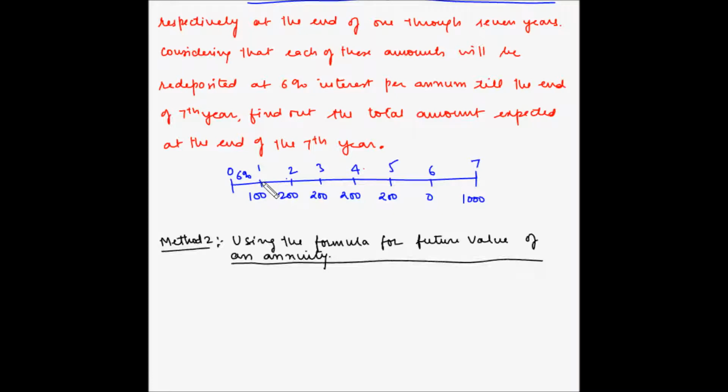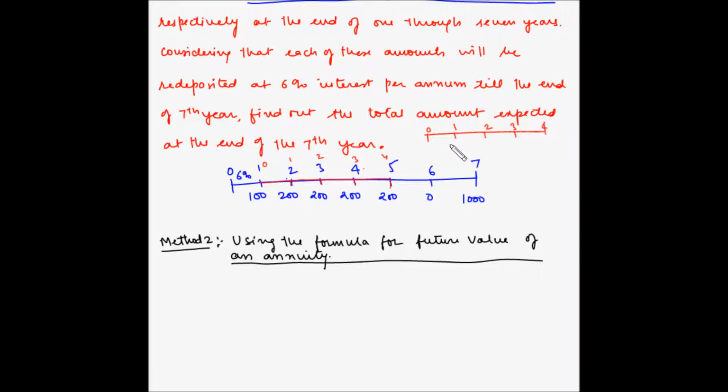So we can take this portion out of this time scale and consider this as 0, 1, 2, 3 and 4. So the time scale is like this: 0, 1, 2, 3 and 4.